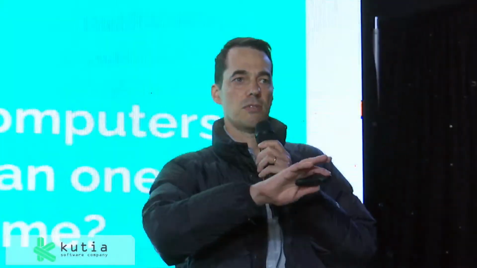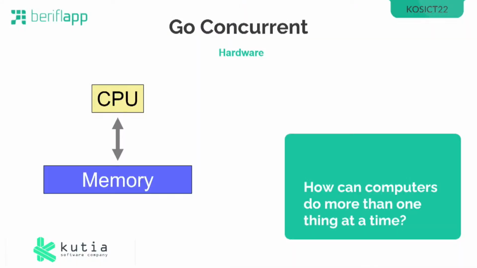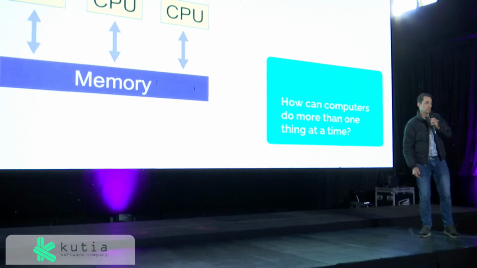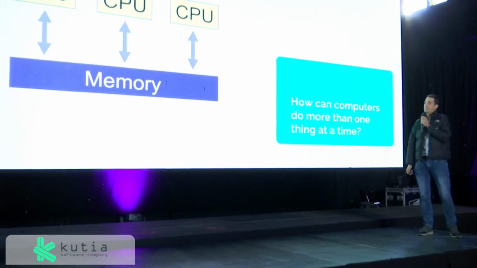Let's first sit back, take a deep breath and look at the hardware side of things. First, you need more than one CPU core, but nowadays this is just taken for granted. Come on, I ordered some more CPU cores here. And of course, computers are faking it a little bit.